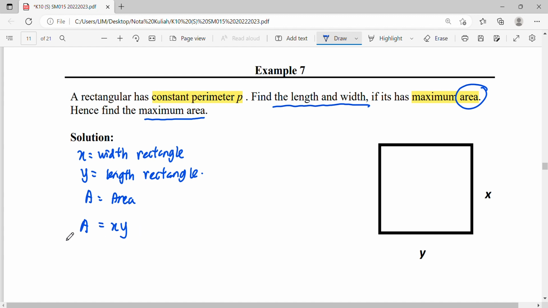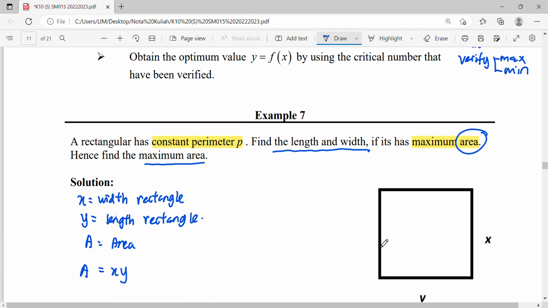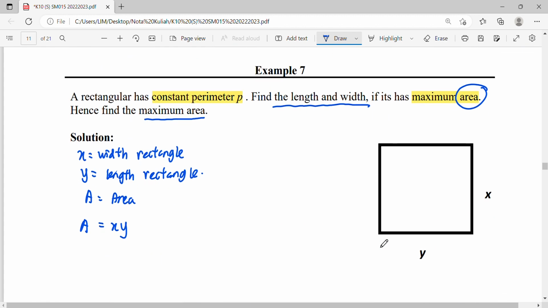So A is in two variables now, not a single variable. To differentiate this, you must obtain your formula in a single variable. x and y have a relationship, so you can express A in terms of x only, but not in two variables x and y.